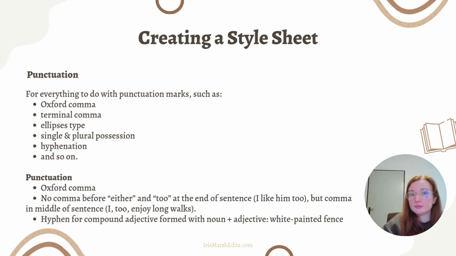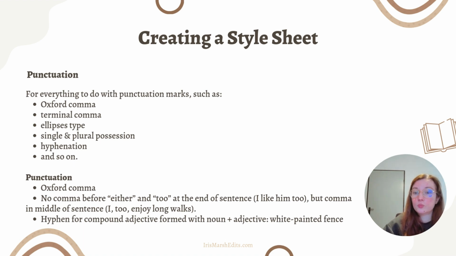Then, punctuation. We love punctuation. This is where you put everything to do with punctuation marks and where you'll deal with the ever annoying commas, such as whether you use the Oxford comma, whether you always use it after an introductory phrase or leave it out if it's very short, whether you use a comma before either or too, the terminal comma at the end of the sentence, and so on.